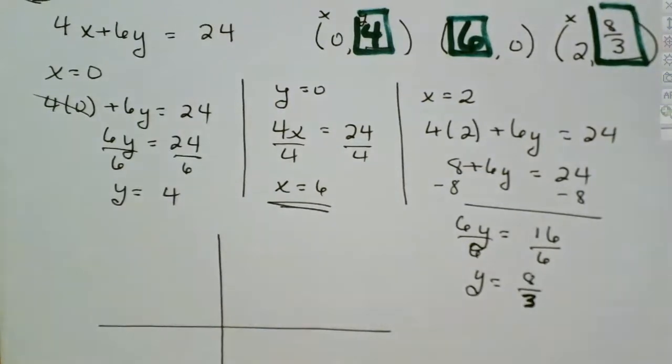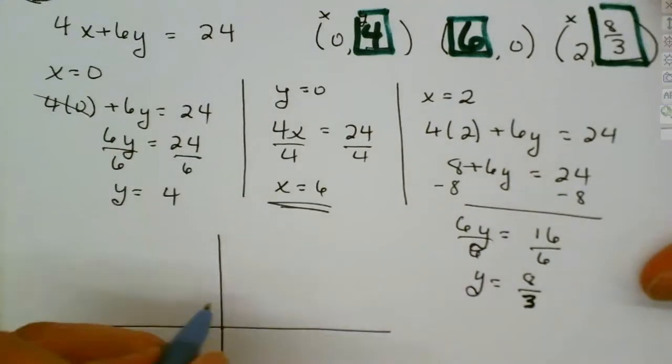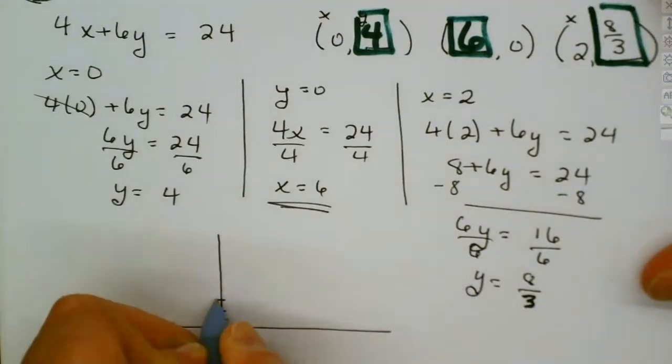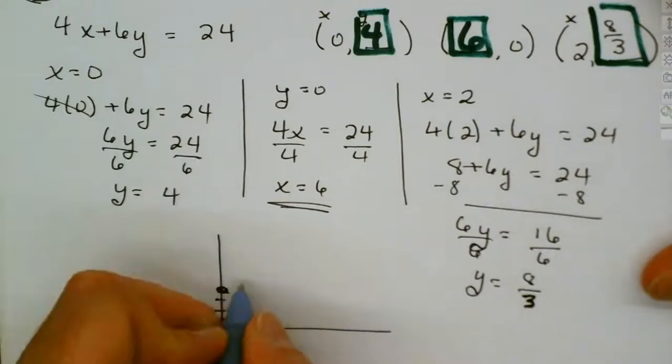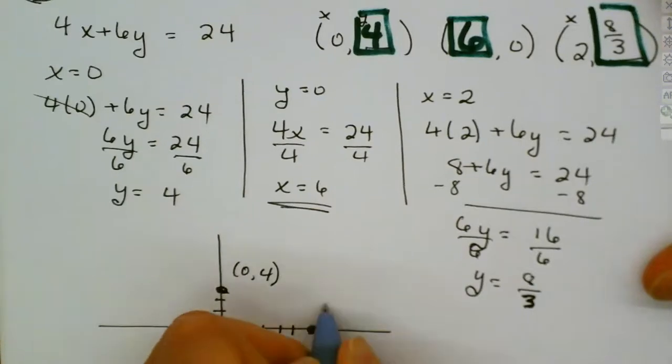So we've got 0, 4. So 0, 4 would be at 0 and up 1, 2, 3, 4. Then we've got 6, 0, so that's over 6. So 1, 2, 3, 4, 5, 6, which is right here.